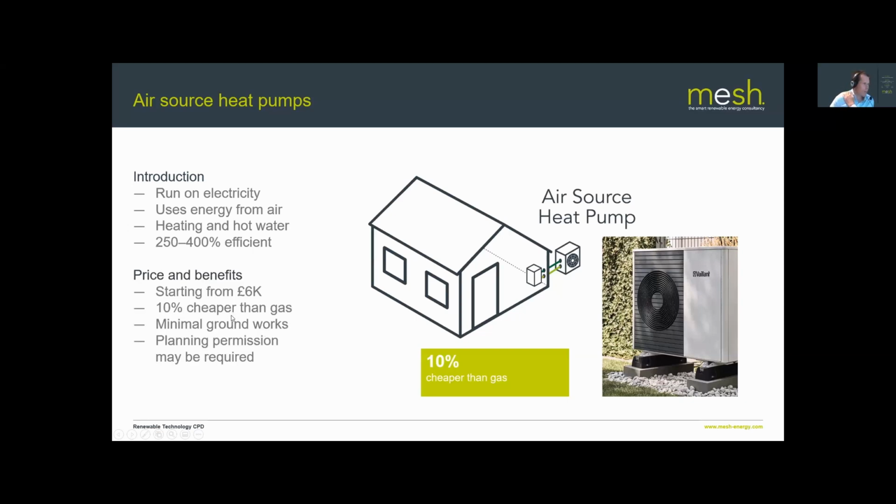In terms of cost of installation, an air source heat pump itself will cost you around £6,000 upwards to install. Obviously, the bigger the unit, the more it's going to cost. There's very little in the way of groundworks. What you will need is somewhere for the external unit to sit, and you can see in this photo here, this soakaway built underneath this gravel, and that's because behind this fan here, you've got the evaporator.